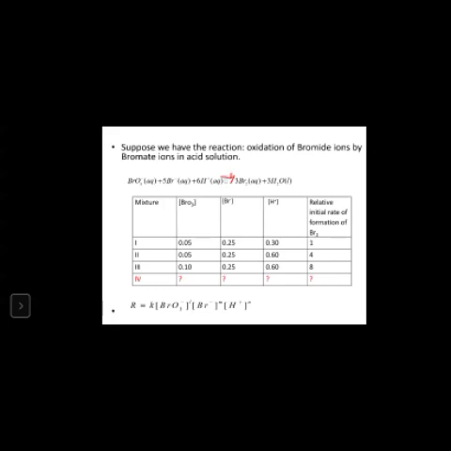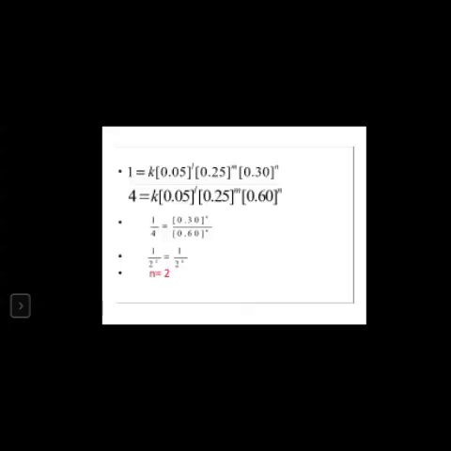I have found the value of N for you: 1 to 4, when it increases 4 times, that is 2. I have found L for you: when you move from 4 to 8, it doubles, that is 1. So what is M? Can you determine M? You cannot right now. But if I fill that column, experiment 4, with some hypothetical figures, then you will be able to calculate what M is. So this is how to determine it.